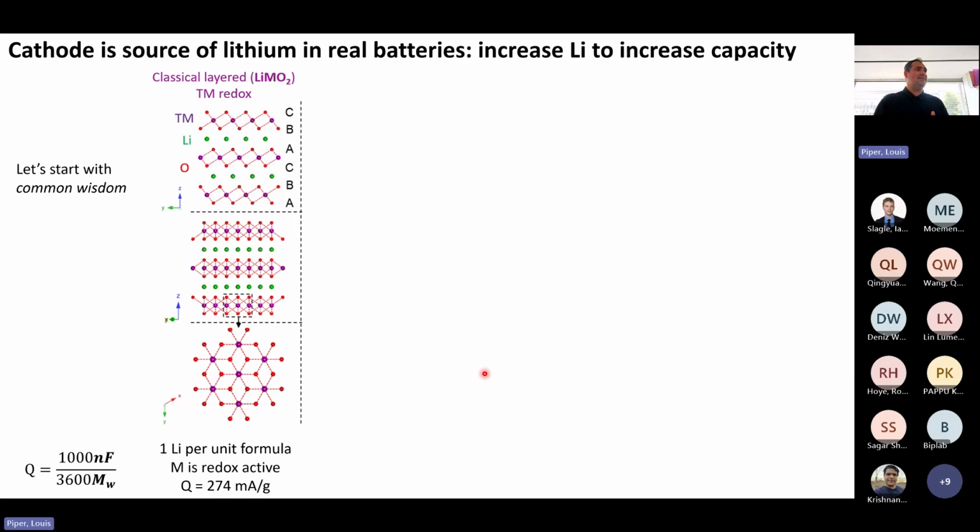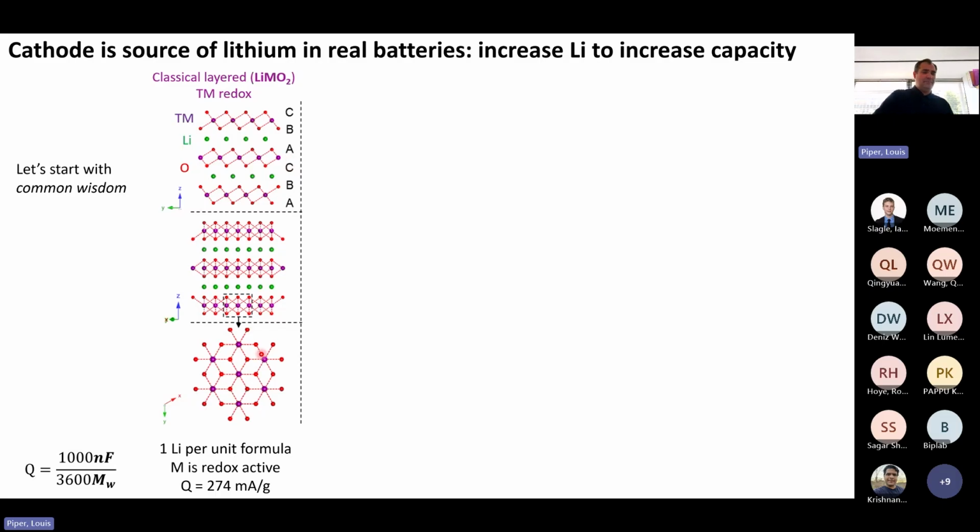So let's start with a classical layered system like lithium cobalt oxide. In that case, we have a layer of transition metals like cobalt coordinated with oxygen as a slab, with lithium ions in the spaces between those slabs. If you consider them stacked, you have your A, B, C stacking.